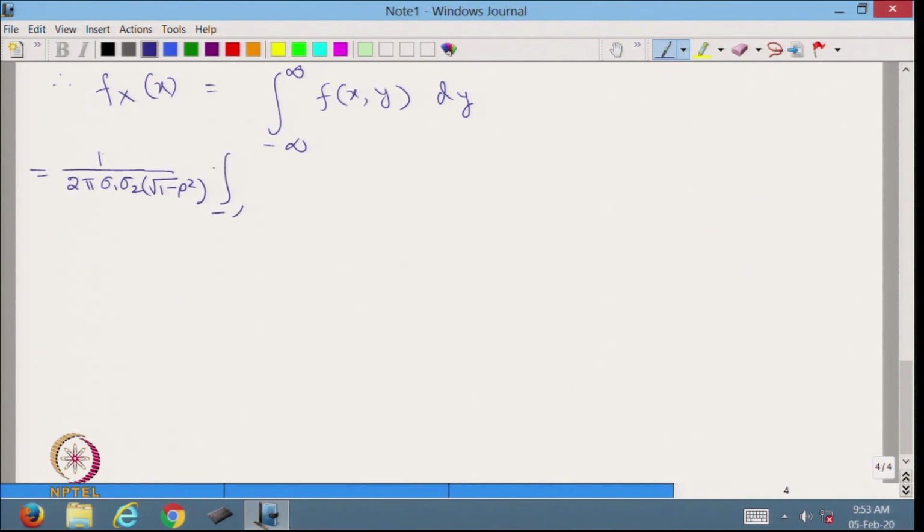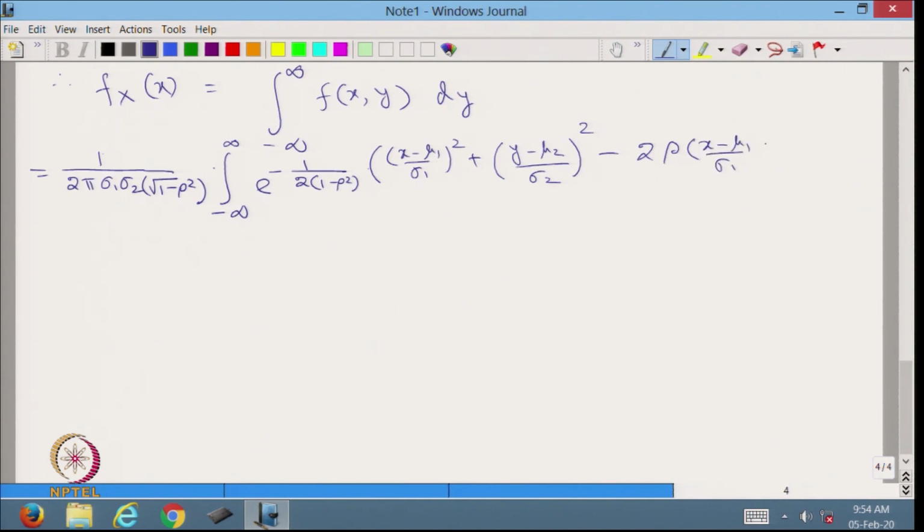Into integration minus infinity to plus infinity e to the power minus 1 upon 2 into 1 minus rho square into ((x minus mu 1) upon sigma 1) whole square plus ((y minus mu 2) upon sigma 2) whole square minus 2 rho ((x minus mu 1) upon sigma 1)((y minus mu 2) upon sigma 2) dy.